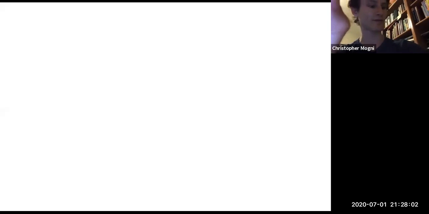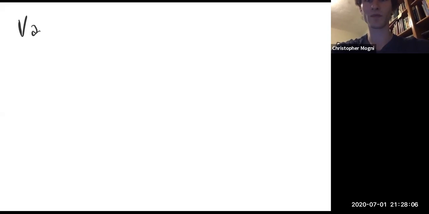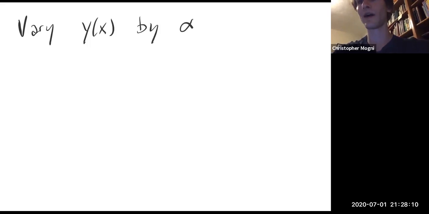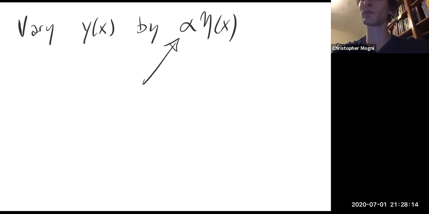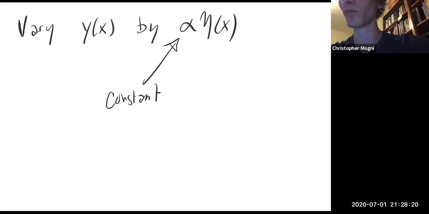What we're going to do is the following. Vary y of x by alpha eta of x. Like in the book, alpha is a constant, independent of x.